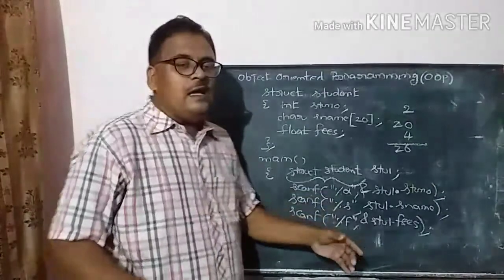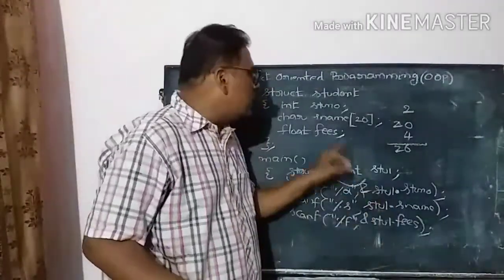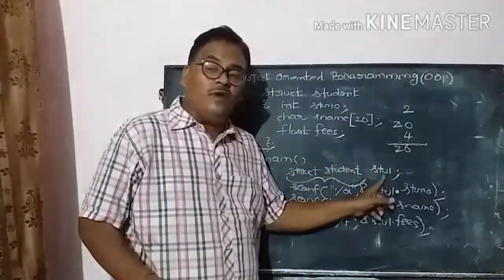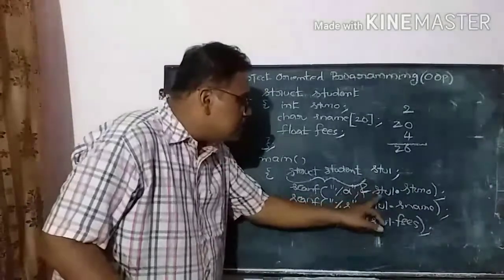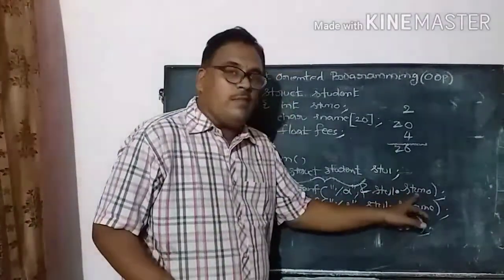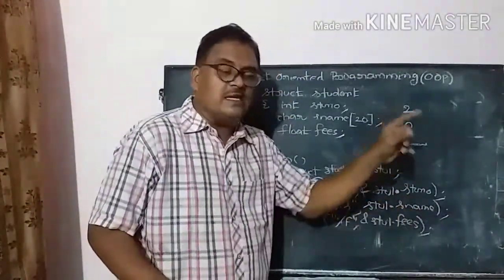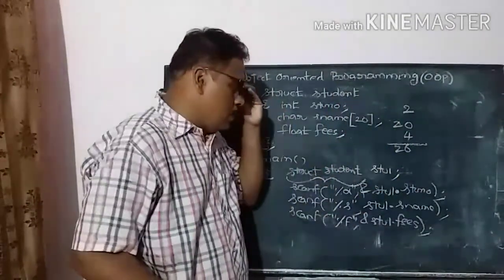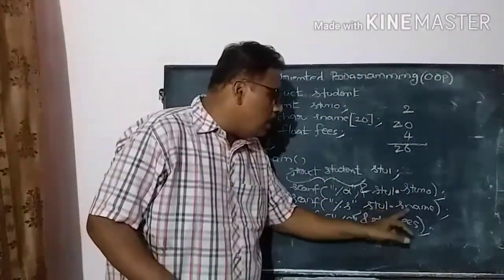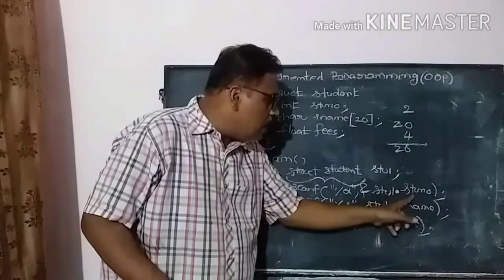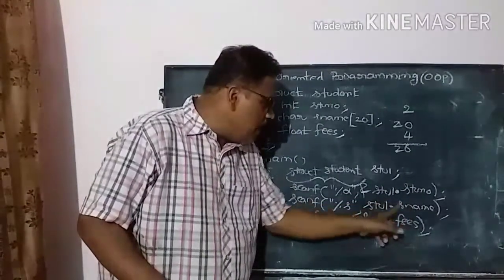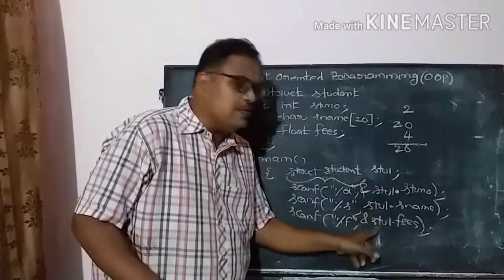In this way we input values into the data items of the stu1 variable. Here the dot in stu1 dot stu number is a special operator which we discussed in the operators concept, and stu1 dot sname, that means student number of stu1, student name of stu1, fees of stu1.